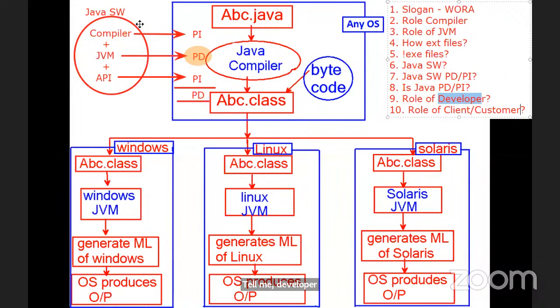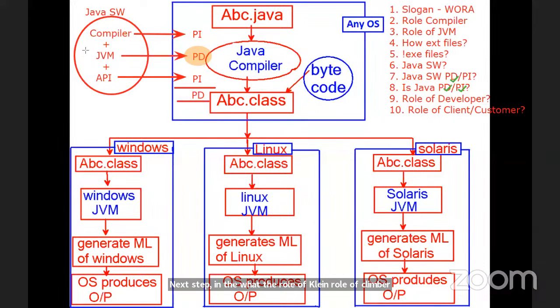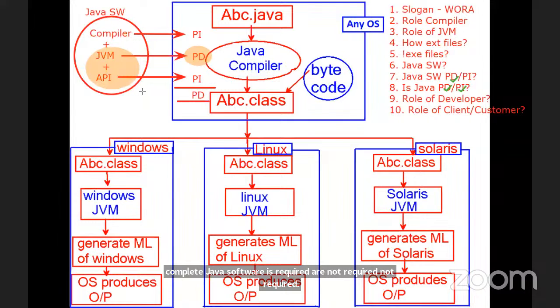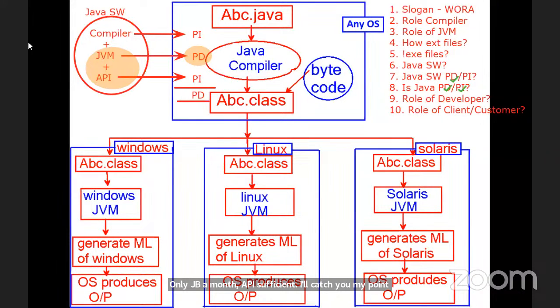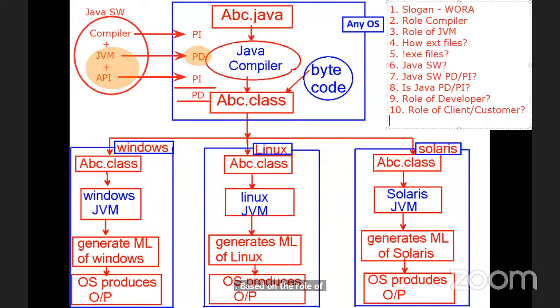Then in the developer's computer, is complete Java software required or not? Next, the role of the client or customer is only for execution. For execution, is complete Java software required or not? Not required. Only JVM and API are sufficient. Do all catch my point? Based on the role of developer and client, Java software is divided into 2 types.